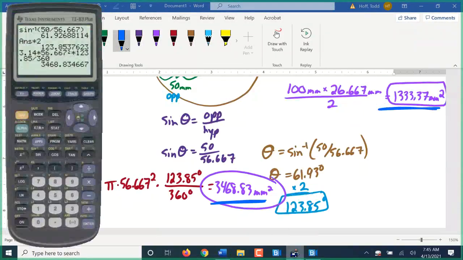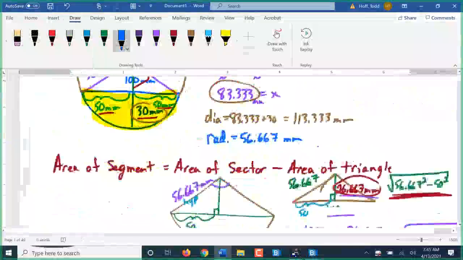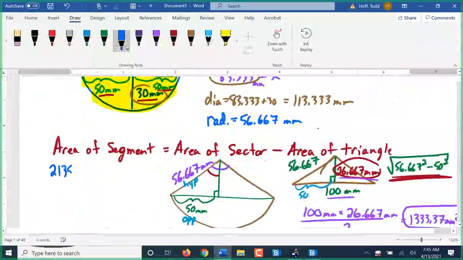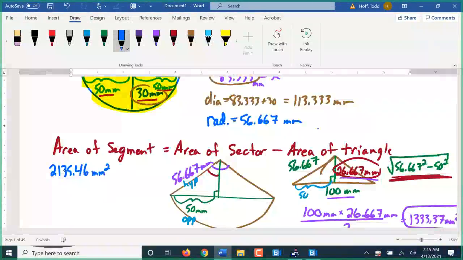The area of the sector, 3468.83, minus the area of that triangle of 1333.37, gives 2135.46 millimeters squared, which is the area of that segment.